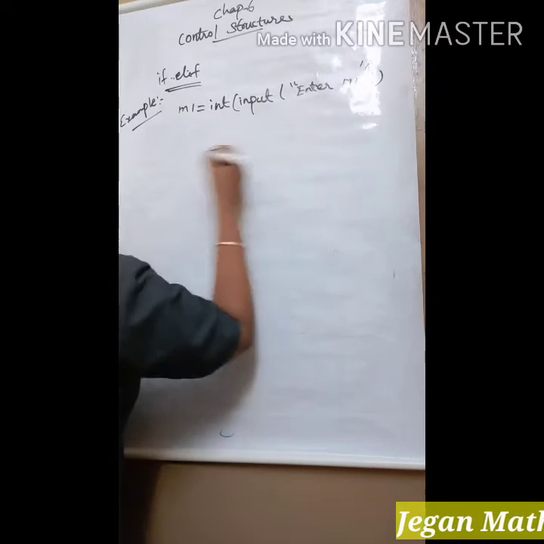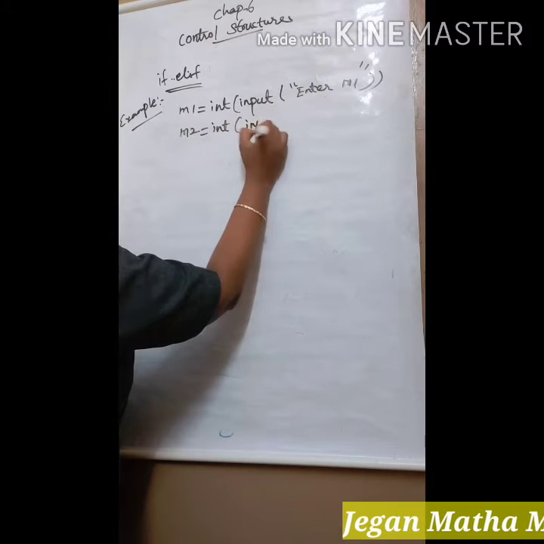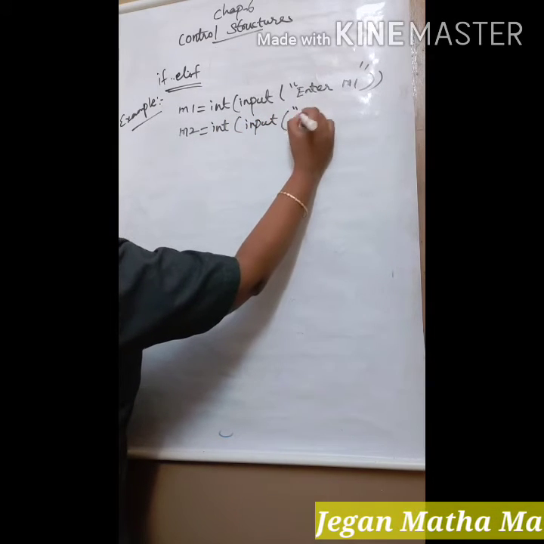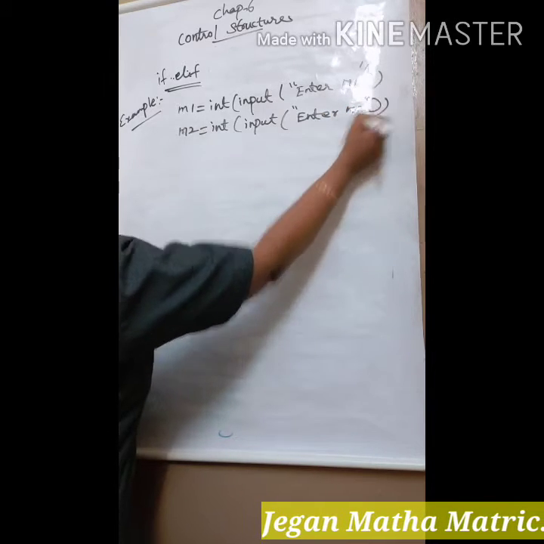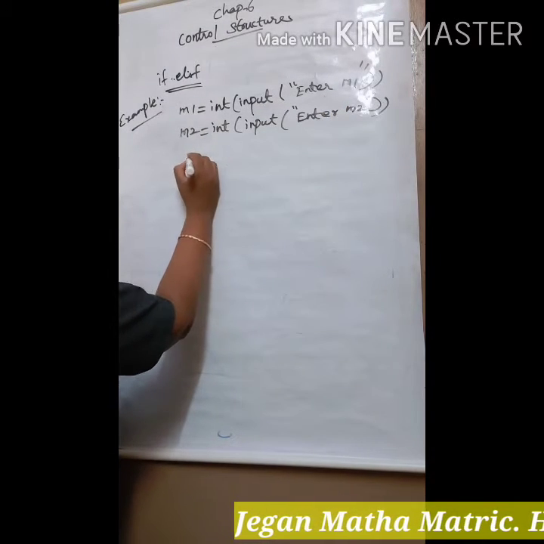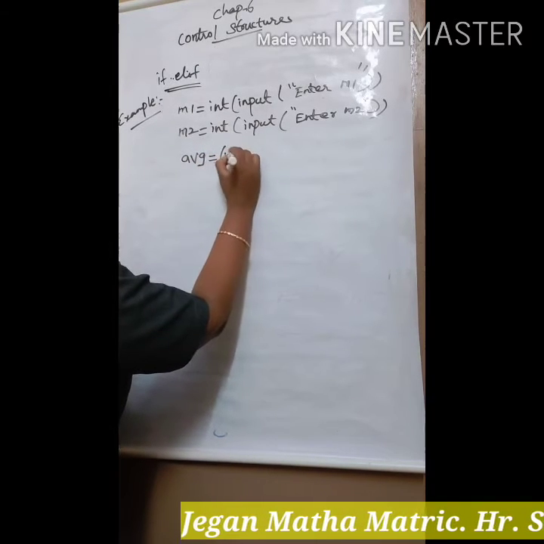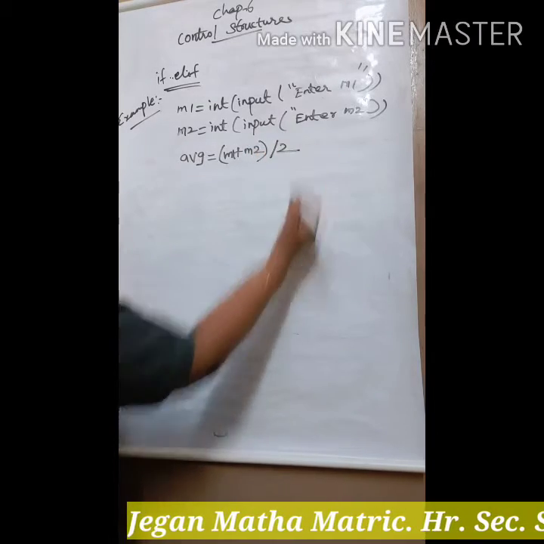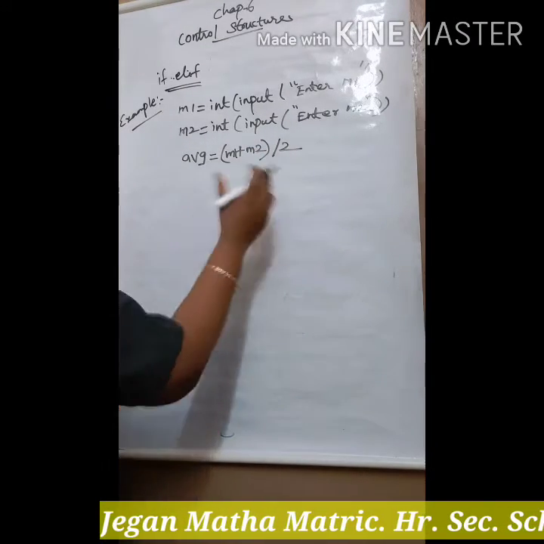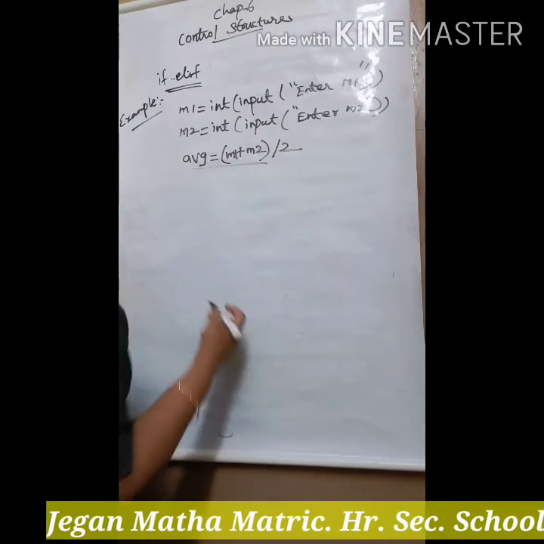The next, mark 2 equals int input, enter mark 2. The next step, I am going to add these two values, then find the average: m1 plus m2 divided by 2. Here we calculated the average value.